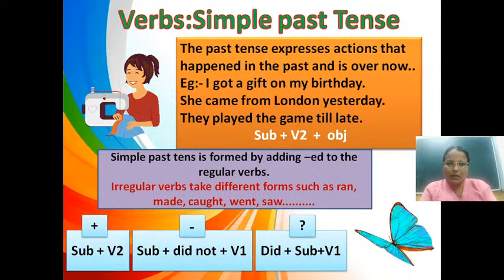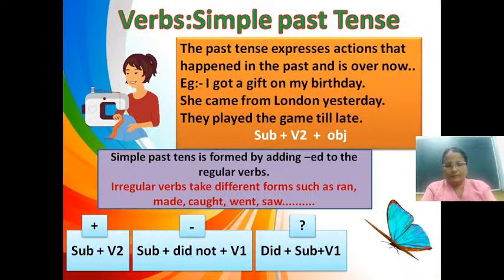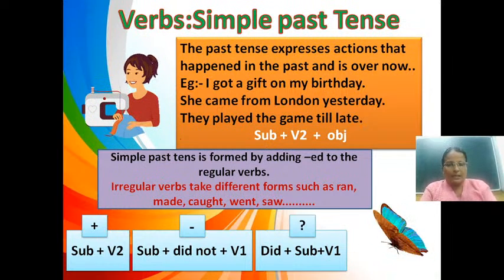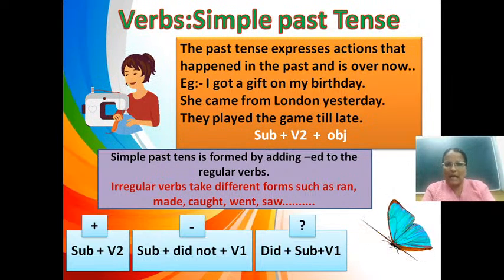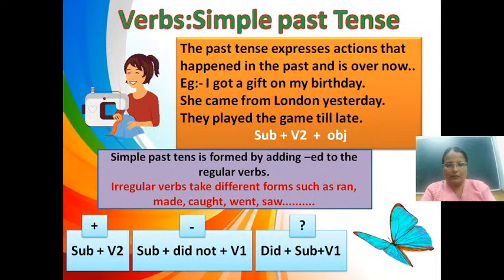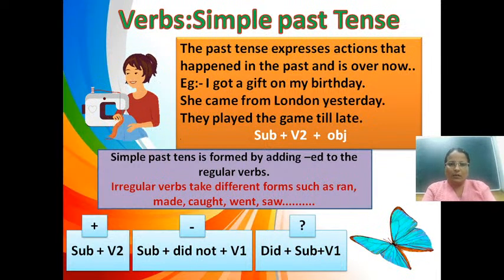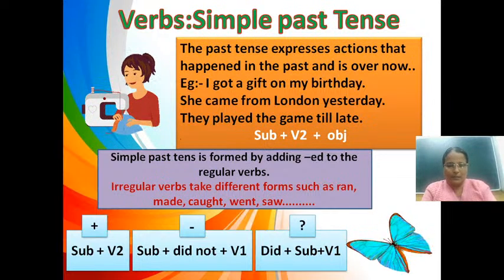Irregular verbs, it's not applicable with all the verbs. Last year I briefed you in third standard. So if we can form the past tense of a verb by adding ed at the end of it, then those verbs are called regular verbs.